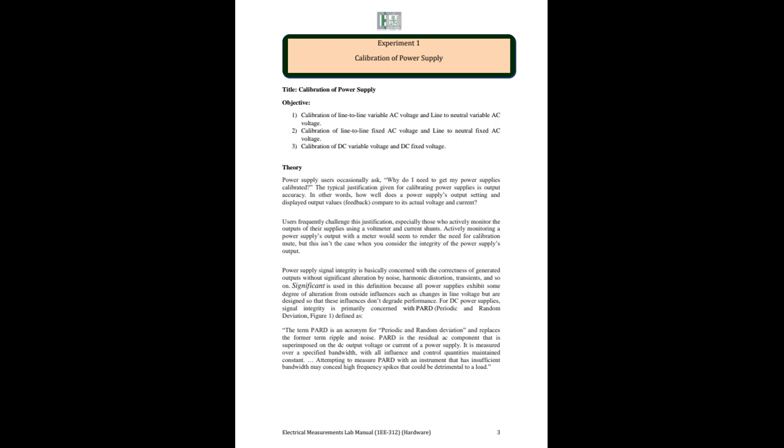We want a normal rated voltage. So we will compare this with two voltmeters: one is a standard voltmeter and another one is our testing voltmeter. We will see the difference between the readings. If there is any difference, the difference will be taken as error. If there is no difference, the error will be 0. That's all.